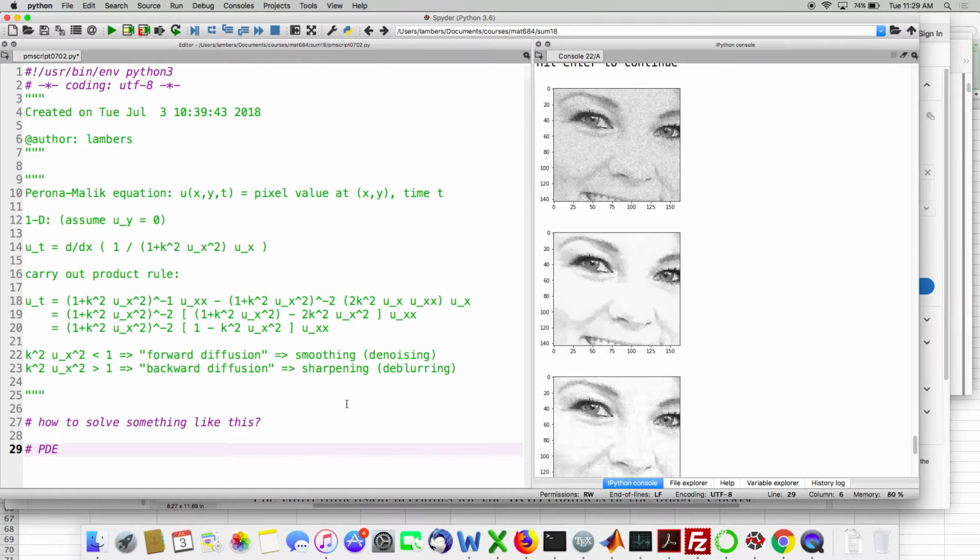So our PDE, if we express it in this form, du/dt is equal to some nonlinear differential operator applied to u that involves both coefficient and computing these partial derivatives, becomes a system of ODEs.